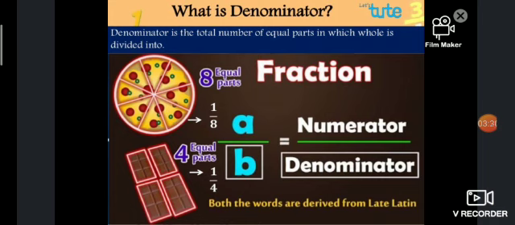Like 1 is called the numerator and the bottom is 8, that is called the denominator. One chocolate has been cut into 4 equal pieces. The number of pieces at the bottom, that is 4, will be called the denominator.